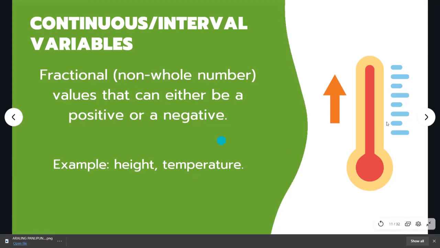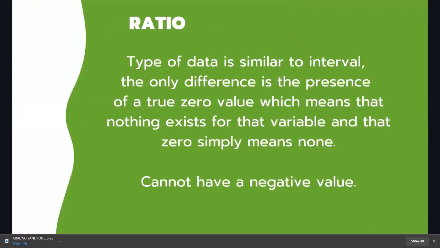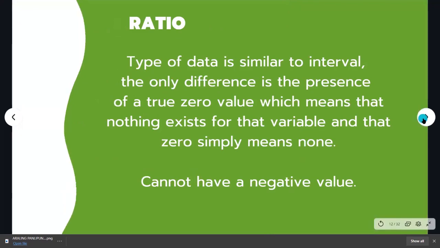Okay? So under continuous or interval variable is the ratio. This is a type of data which is similar to interval. The only difference is the presence of a true zero value, which means that nothing exists for that variable, and that zero simply means none.